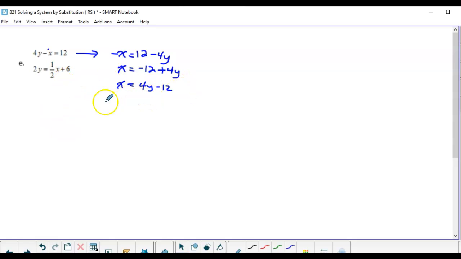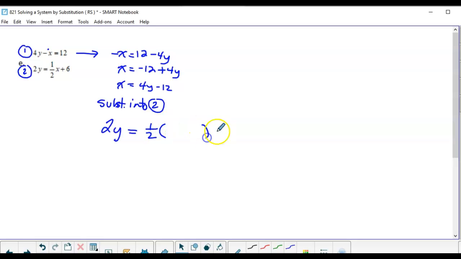In any case, we're going to substitute into equation 2. Right? This was 1, that's 2. So we'll have 2y equals 1/2 bracket plus 6. And so we have 4y minus 12 in the bracket.